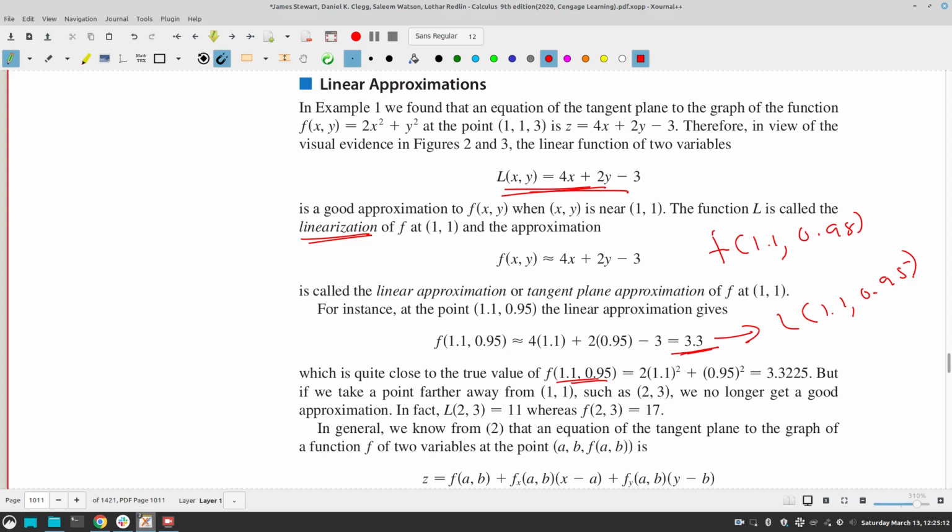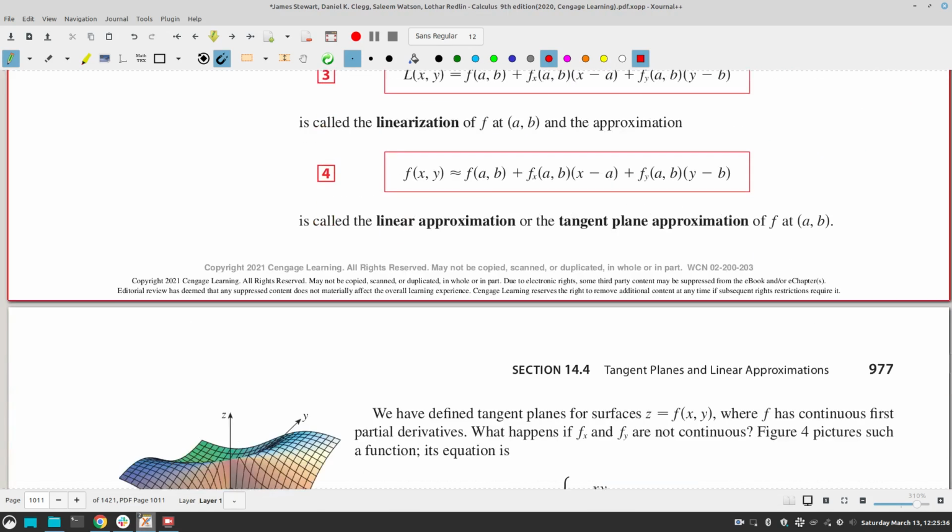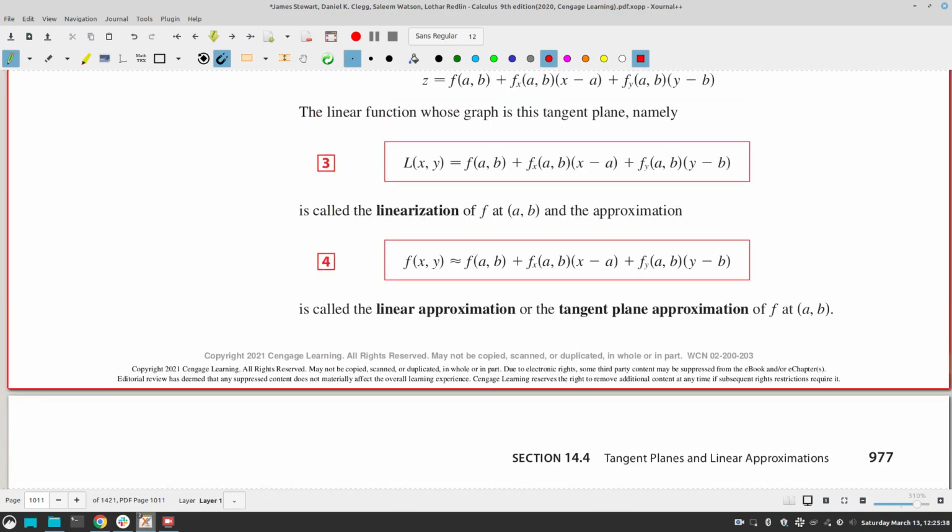And we have good agreement, 3.3; it's correct to exactly one decimal place. But if it's far away, such as, for example, the point (2, 3), then L(2, 3) is 11, but f(2, 3) is 17. So that's a big difference. Right? So this is the linearization function.